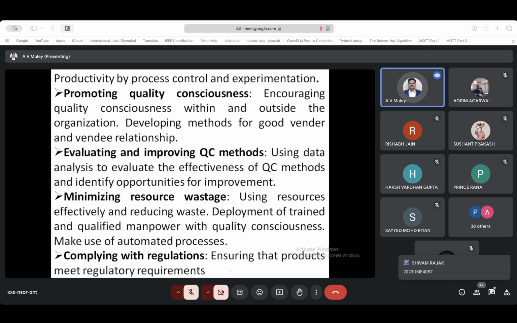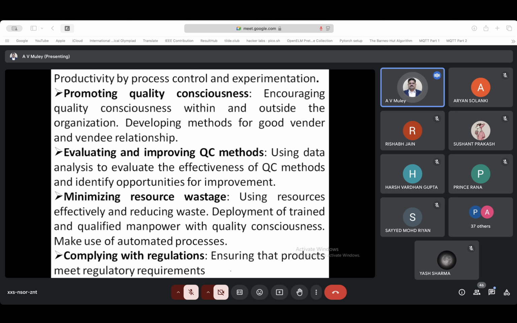So not only inside the organization, outside the organization also you have to promote quality consciousness, so that the material that we are receiving from the vendor is of the requisite quality that satisfies the specification, and obviously that results in a good relationship between the vendor and the vendee basically.